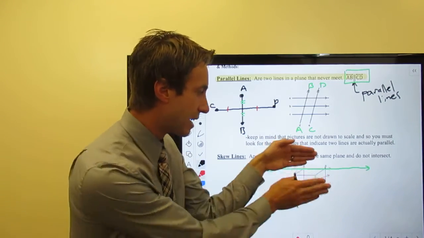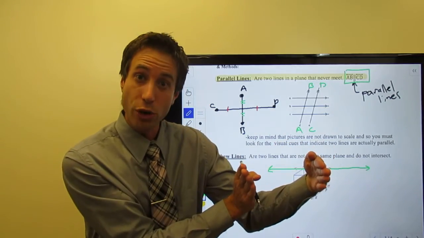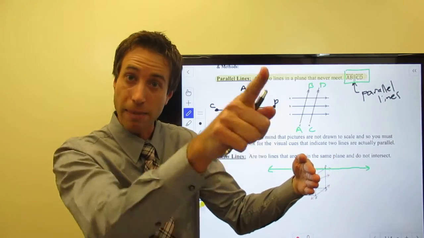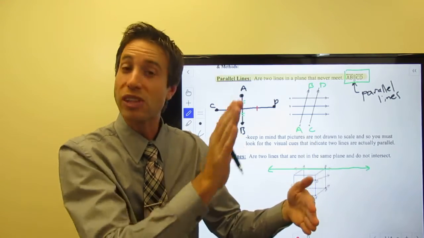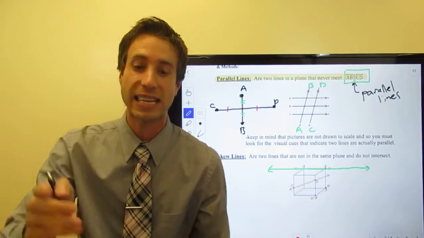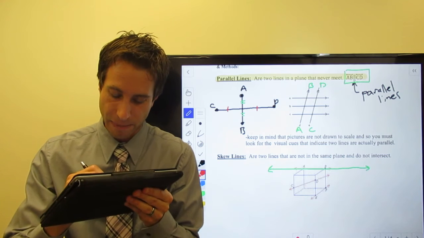So if I were to take this cube and spin it towards you, line AB would be coming at you, line CD would be headed off at an angle like this. Those lines would never actually intersect, even though they're not in the same plane.